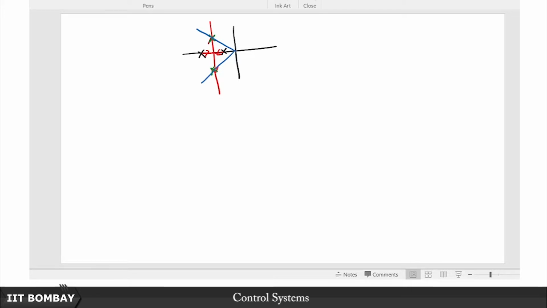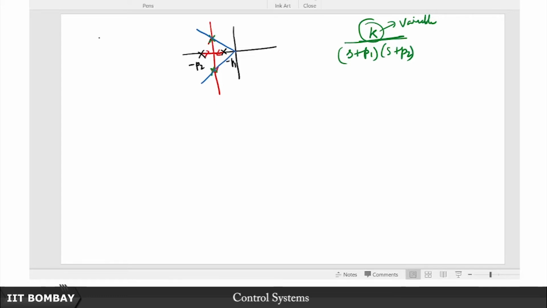So then what is left to be done? All that we require is to figure out what the value of k is. We've already seen how to do that. Suppose you have this transfer function k upon (s plus p1) times (s plus p2), where k is the variable that you use to control the system, and this is minus p2 and this is minus p1.